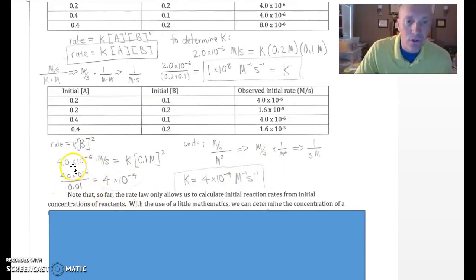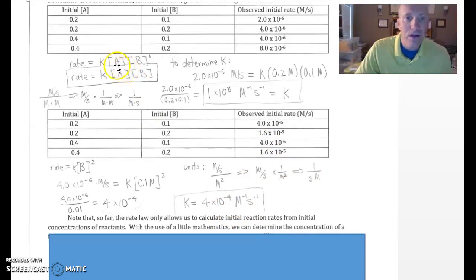There's part of this where I'm calculating the numerical part, and there's part of it where I'm figuring out what the units would be. Let me just recap the units part. Notice that in both of these right here, we have different looking rate equations.